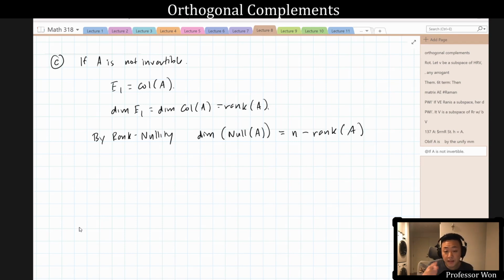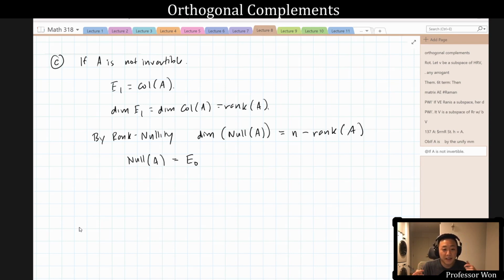But an important point is that the null space is an eigenspace. The null space is exactly the eigenspace with eigenvalue 0. It's all the vectors such that AX equals 0x. So the null space is equal to the E0 eigenspace. But now we have enough vectors, right?